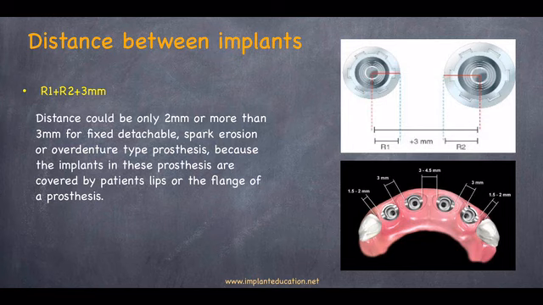So if you would ask me how far my implants should be placed from each other, I cannot answer that question unless you tell me the diameter of these 2 implants. Now you tell me I'm planning 2 implants and both of them are 5 millimeter diameter, for example, then 2.5 plus 2.5 plus 3, the radius of the first implant plus the radius of the second implant plus 3, and we will end up with 8 millimeters.